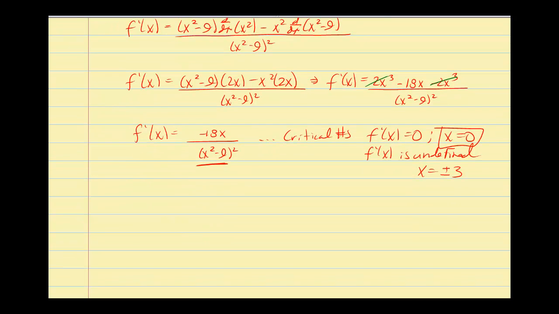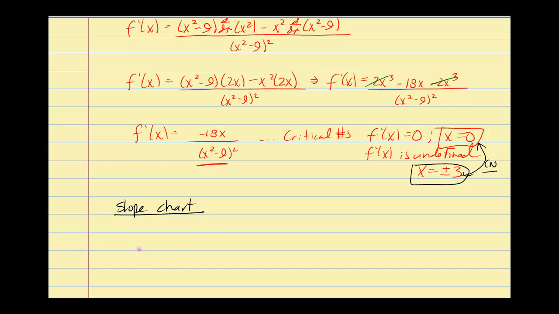Now when I come down here, these are all my critical numbers. But I know that plus or minus 3 will never be an extrema point. It will never be a relative max or a relative min because these are vertical asymptotes. I can't have an ordered pair that lies on a vertical asymptote. So that's going to be helpful when I start to make my slope chart. So let's go ahead and look at our slope chart.